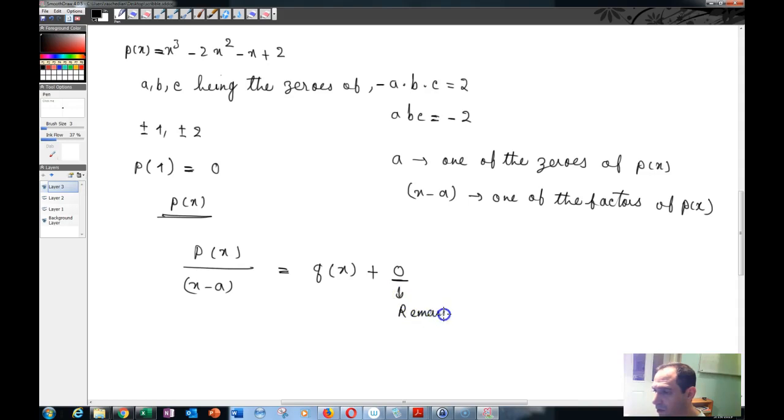So when I calculate P of A, whatever that happens to be, that's going to be this remainder. If this remainder is equal to 0, then X minus A is a factor of P of X, and so A is one of the zeros of P of X. That's basically how the whole thing fits together.